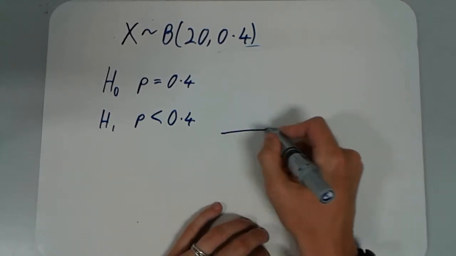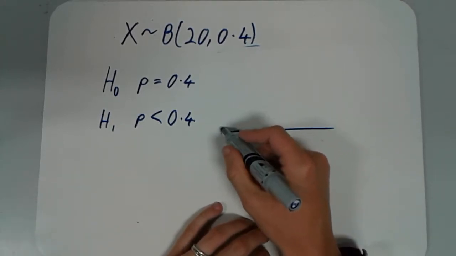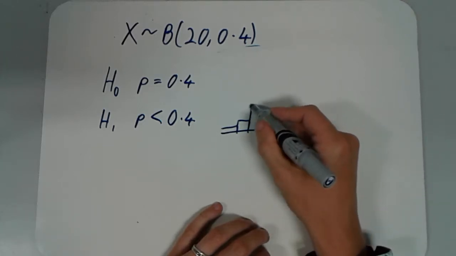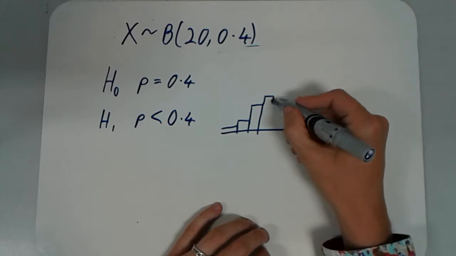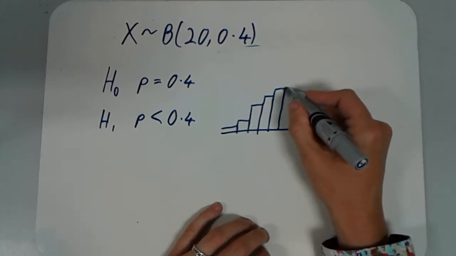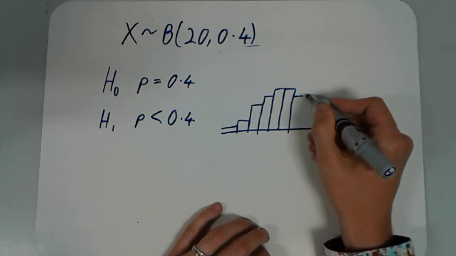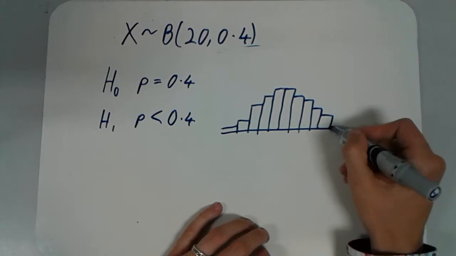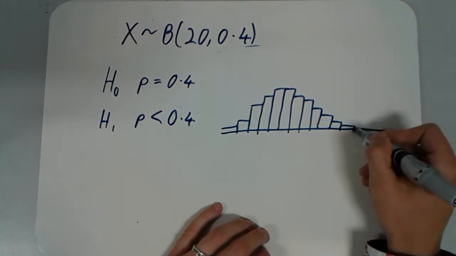So, if you look at the GeoGebra file, you will see that the binomial distribution is basically made of lots of little blocks which look a bit like this, and each block represents the probability of a certain number of successes.